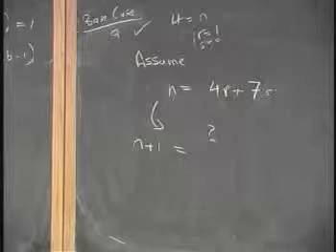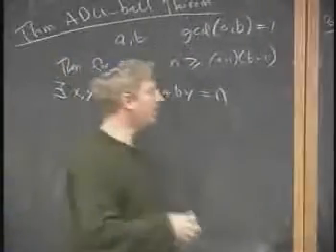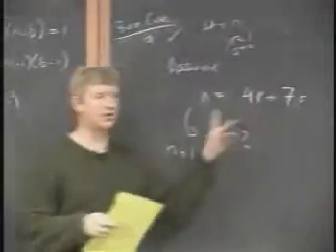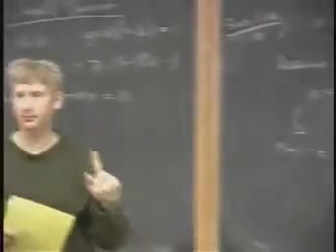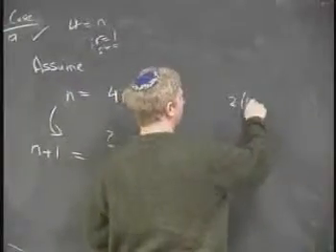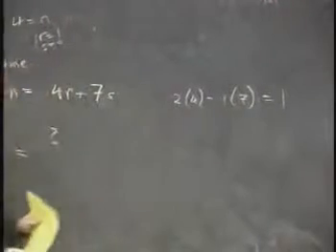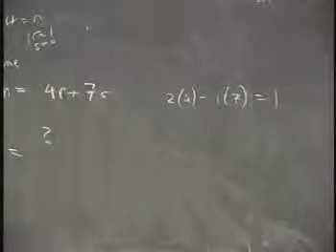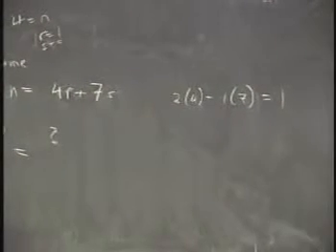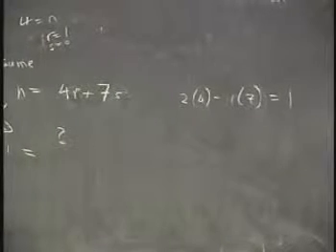Well, here's where Euclid's greatest common divisor comes back into play. If we know that the greatest common divisor of 4 and 7 is 1, then we know two things. 2 times 4 minus 1 times 7 equals 1, right? Remember, we can write those. I did that fast, in my head. I didn't go through the whole algorithm, but you get that from the algorithm.